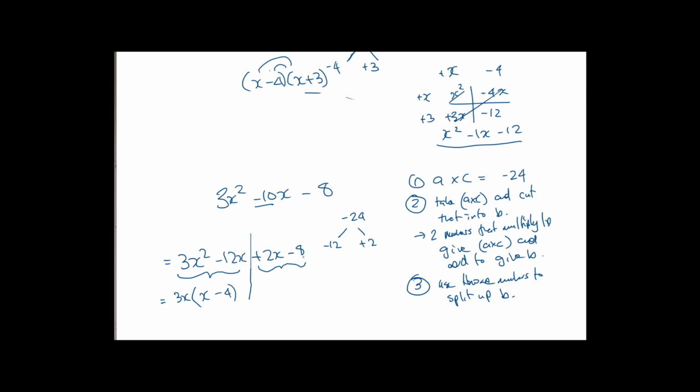Then I'm going to factor the second bit. What's the common factor here? Well, it's going to be plus 2 times (x minus 4). Now notice this is the same as this, which is a really, really good sign. Now we're going to factor out again. So x minus 4 is a common term in those.